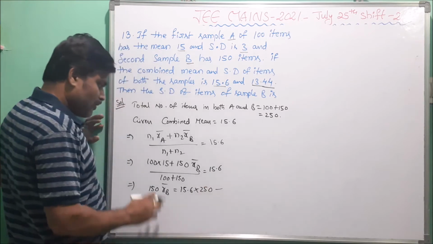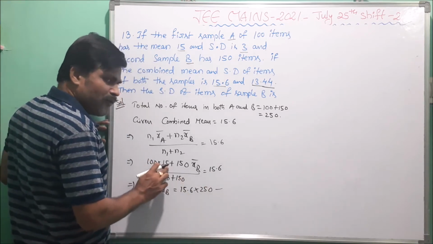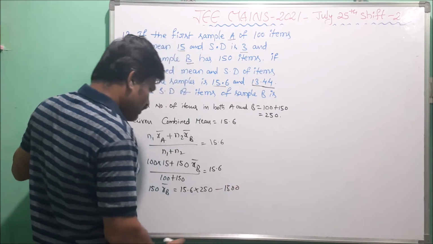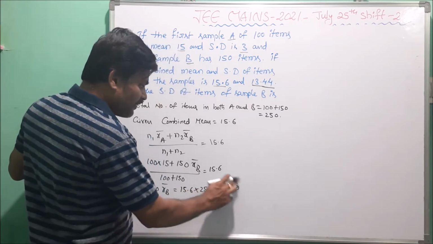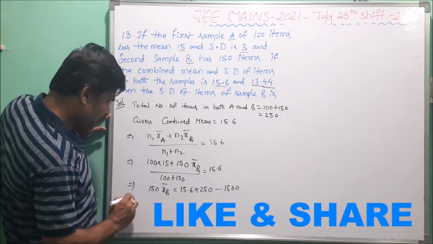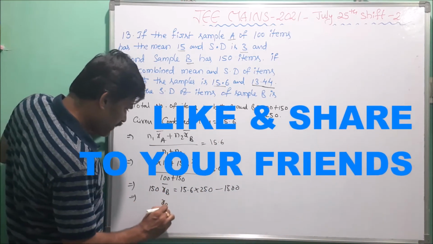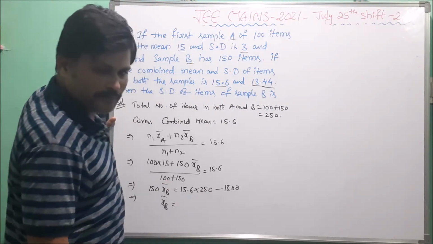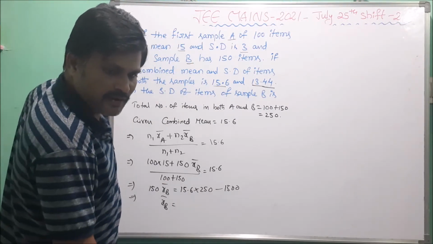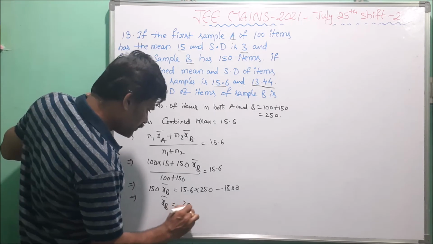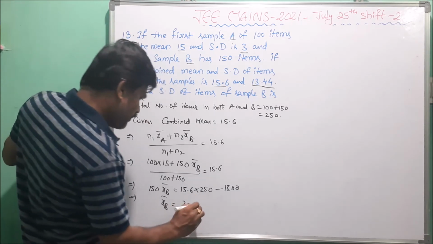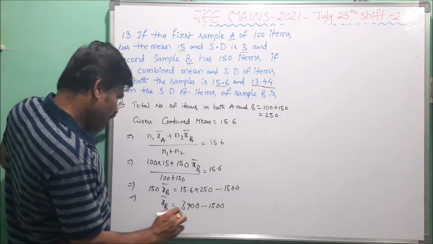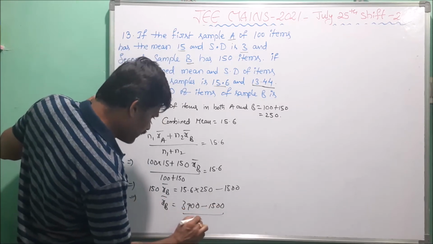Here subtract 100 into 15, which means 1500, from 15.6 into 250. Simplifying, X B bar equals 15.6 into 250, whose value is 3900, minus 1500, whole by 150.